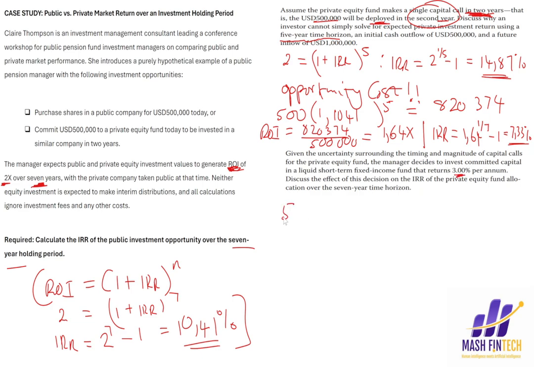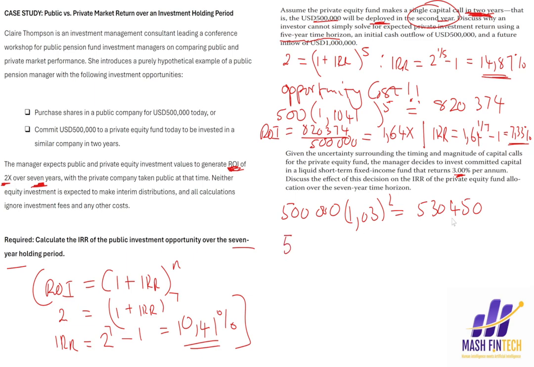So if you take this 500,000 and you invest it for 2 years at 3%, it's going to be 1.03 squared. And you're going to get a total amount of 530,450 Canadian dollars, right? And then to now see how this money grows in the following 5 years with an internal rate of return of 10.41%, you now take the 530.